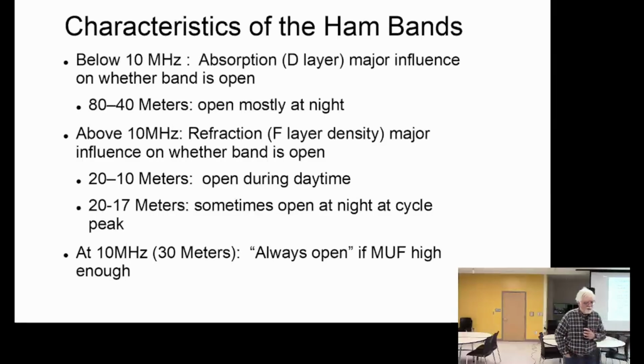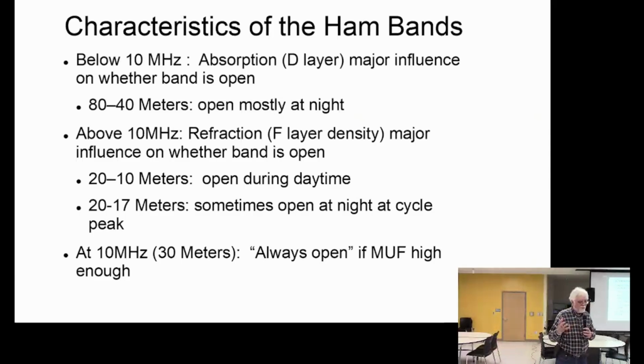Above 10 megahertz, whether the signal gets bent by the ionosphere and comes back to Earth is the driver. So you need the F layer density to be high enough to bend the radio waves back to the Earth. So 20 and 10 meters are open in the daytime. 20 and 17 meters are sometimes open at night.